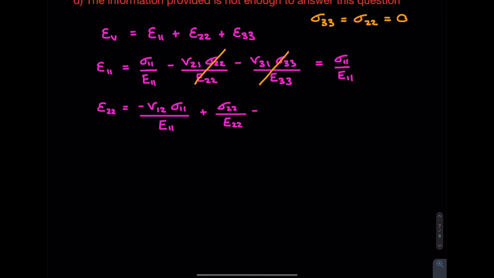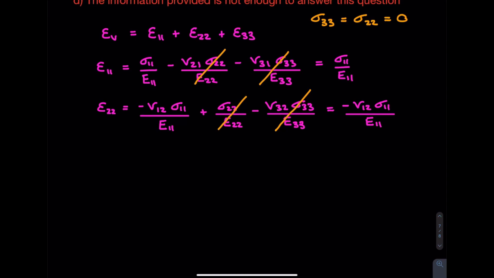And then minus the Poisson's ratio V 3 times sigma 3, all divided by E 3. And you guys are saying, all right, Clayton, this looks pretty good because we know that sigma 2 is 0. We know that sigma 3 is 0. Therefore, in the end, we are left with negative Poisson's ratio 1 times sigma 1, all divided by E 1.